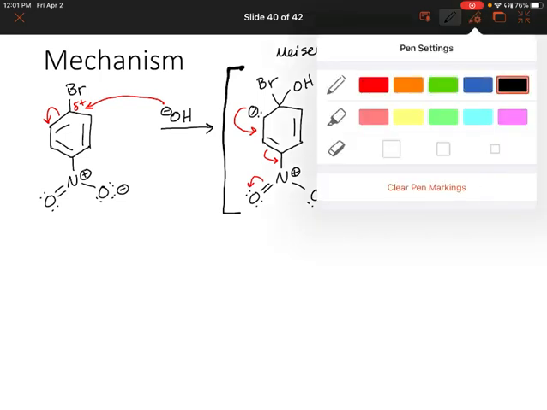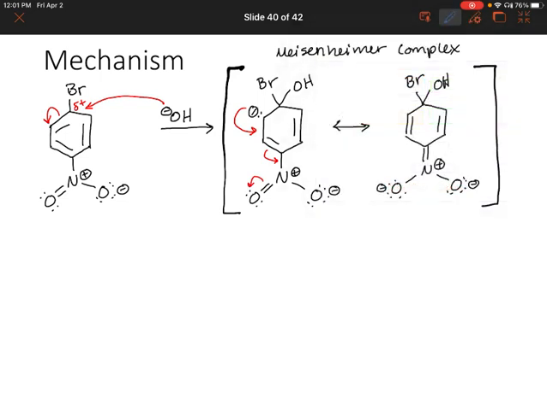Okay, so now in the next step, and I'll draw the arrows in blue for this next step, our electrons are going to move back up, but they're going to go to the opposite side here, and there's going to be kind of a cascade of movement with these electrons. And that's going to kick out this leaving group.